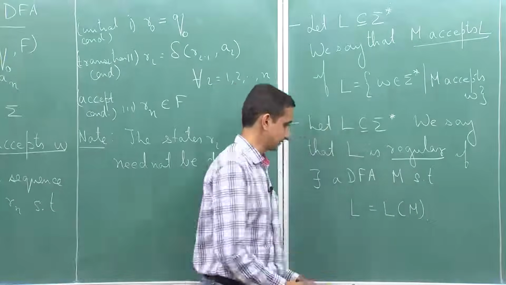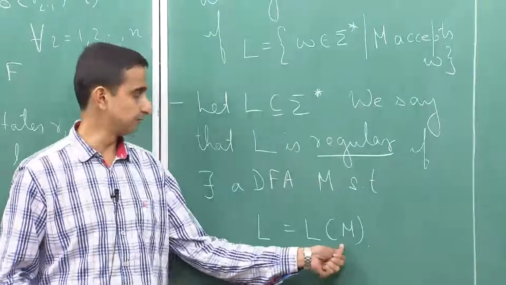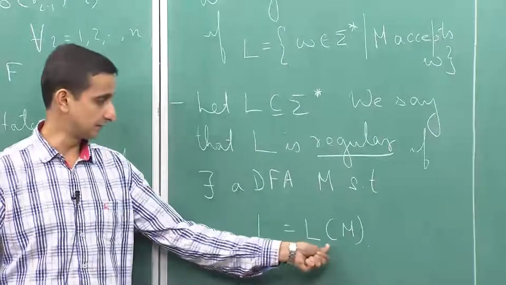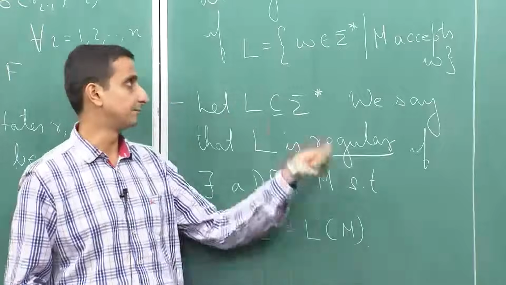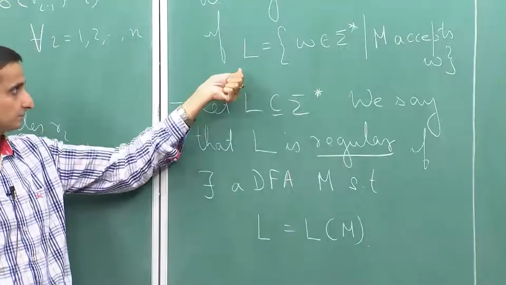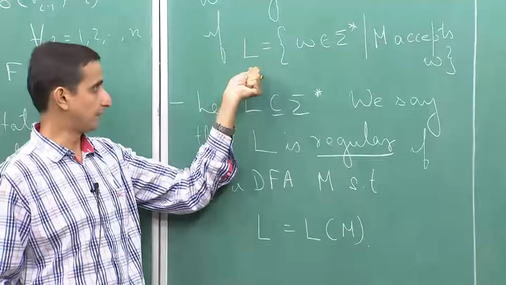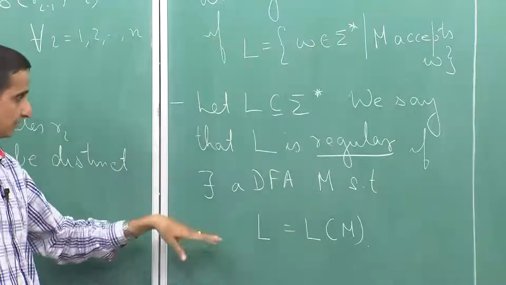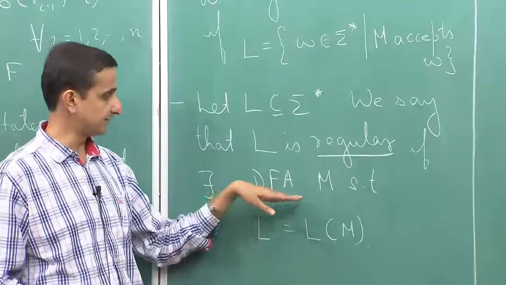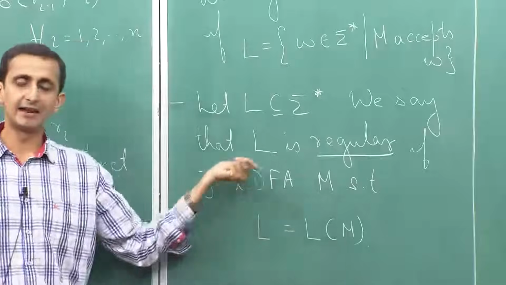So, recall from last time, this notation is another way of saying the language which is accepted by the DFA M. Okay. So, this is just a notation for this language of strings that are accepted by M. So, if there is some DFA that accepts a language L, we say that language is regular.